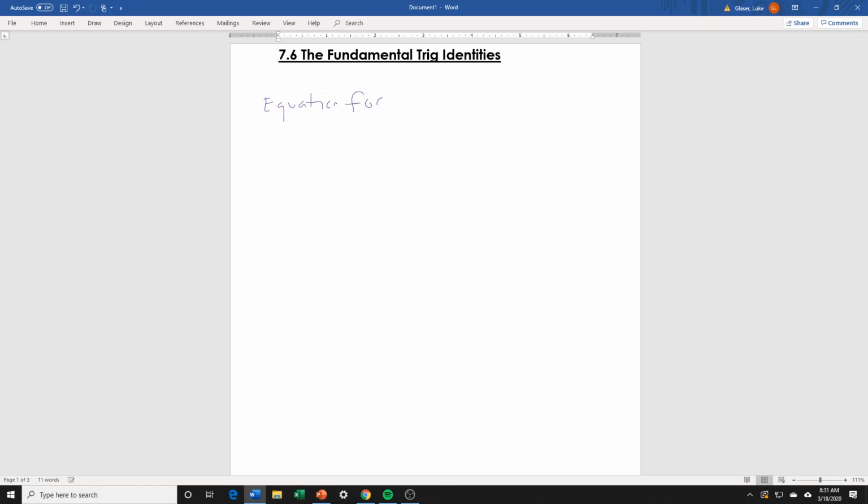The equation of a circle, and this goes all the way back to chapter 1, is x minus h squared plus y minus k squared equals r squared, where h and k are the center point and r equals the radius.